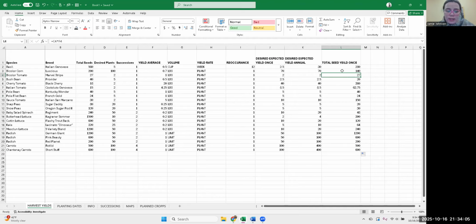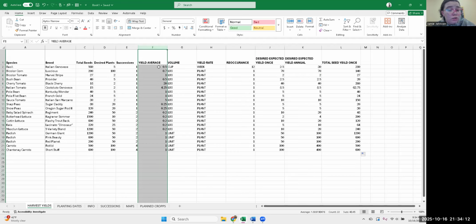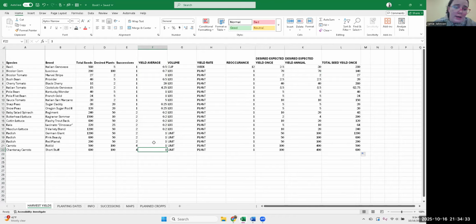So, estimating yields. When I estimate yields, I always use the low side of the yield average. Like the basil, it was half a cup to 1 full cup, if I remember right. The only things that I don't usually underestimate are things that come in whole units: radishes, carrots, heads of lettuce, heads of cabbage, pumpkins.